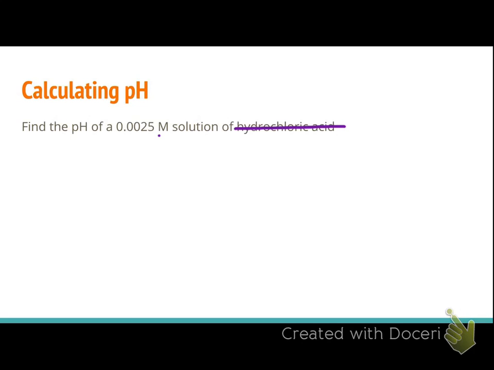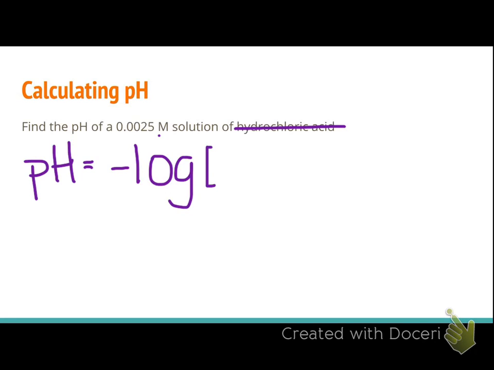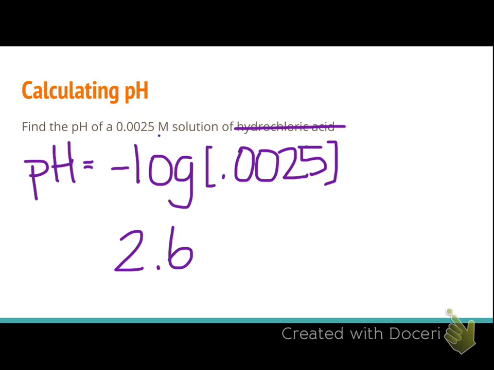So, remember that our pH equals the negative log of our concentration. So that's going to be 0.0025. So if you type that in, you should get 2.6 as your pH, which means that this is an acid.